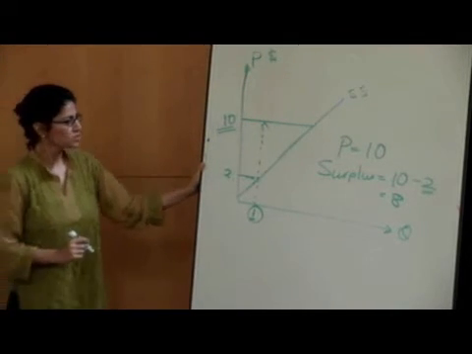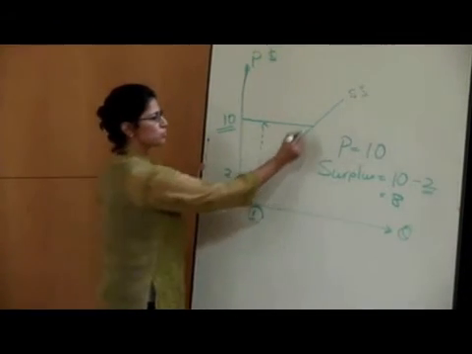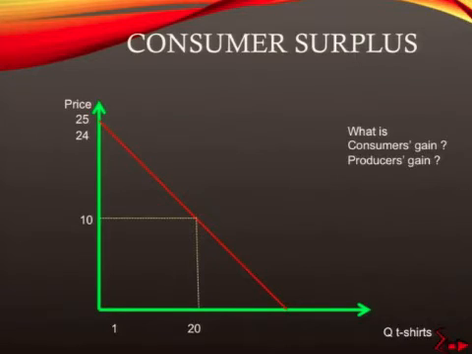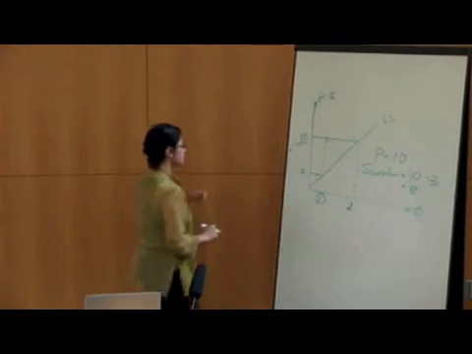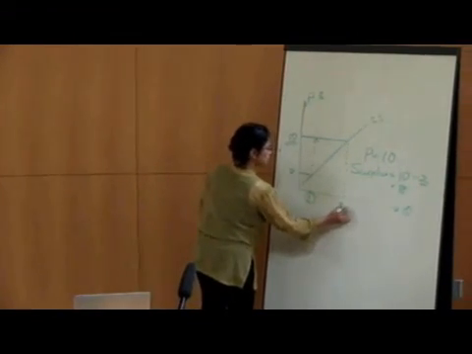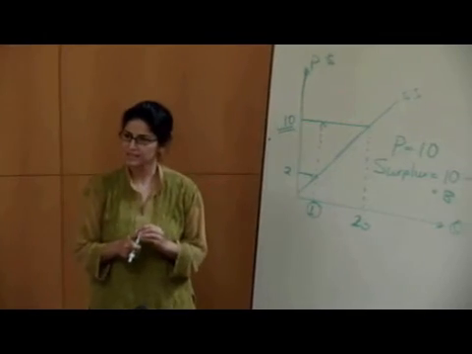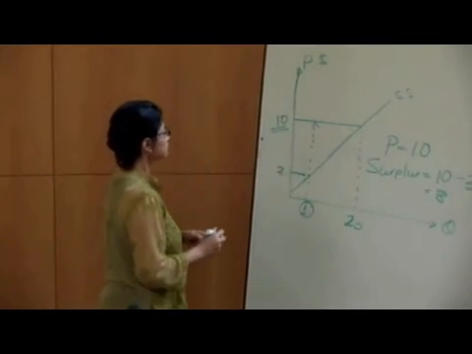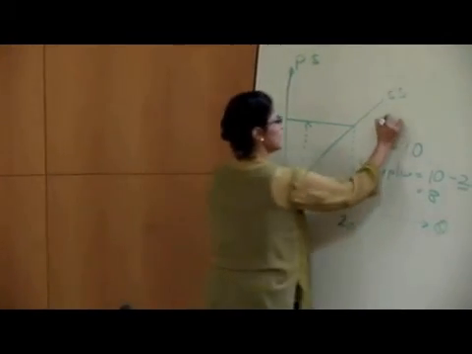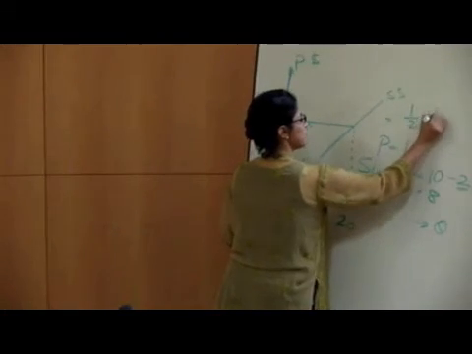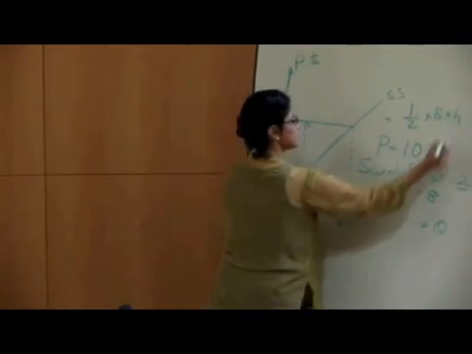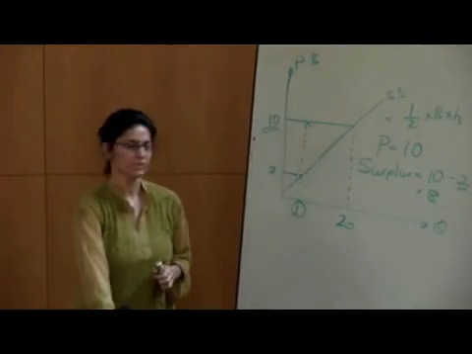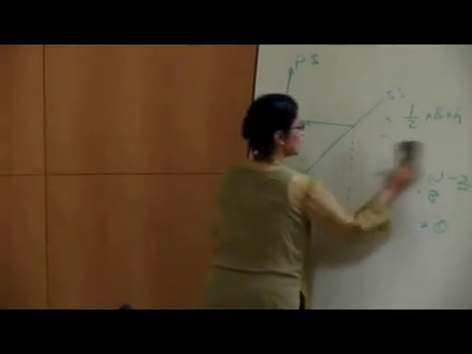Right? So what is the total surplus for producers? Well, how many units are being sold? Right. So this was 20. So what is the producer surplus in this case? Again, we'll have half into base into height.